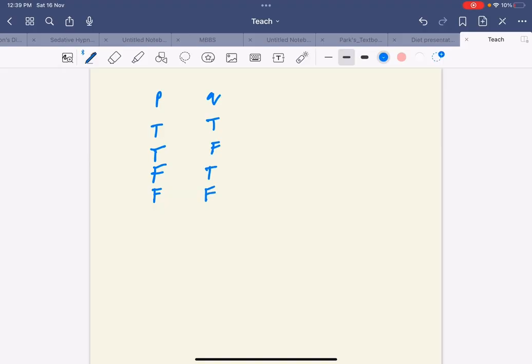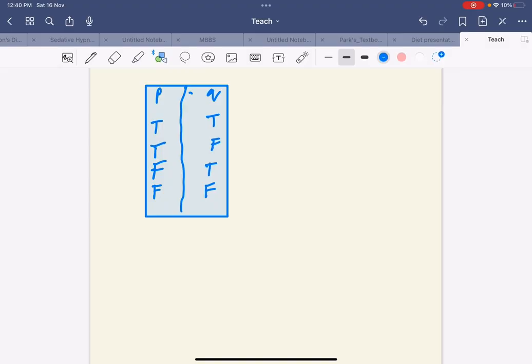Do not do the same for both because you have to get it different. Now this is the truth table for P and Q. P and Q are two propositions, simple propositions.